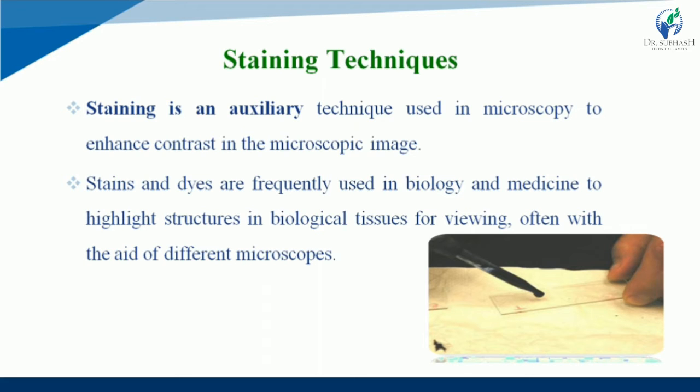So, stains and dyes. What is the role of stains as well as dyes? Stains and dyes are frequently used in biology and medicine to highlight structures in biological tissues for viewing purposes, often with the aid of different microscopes.